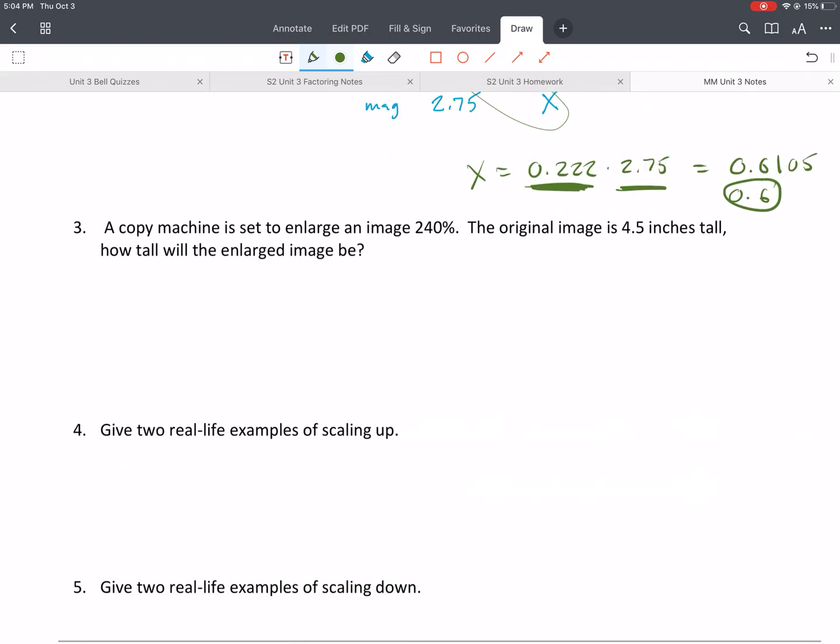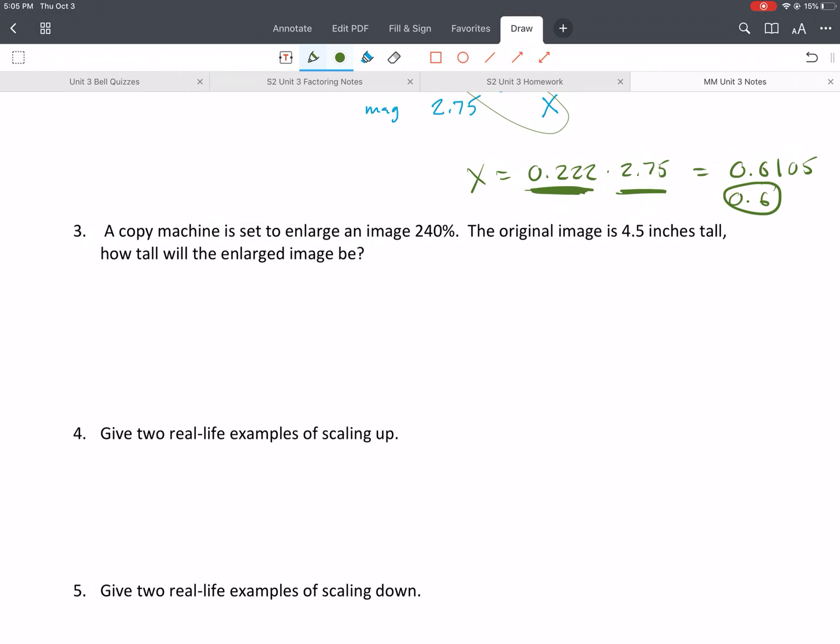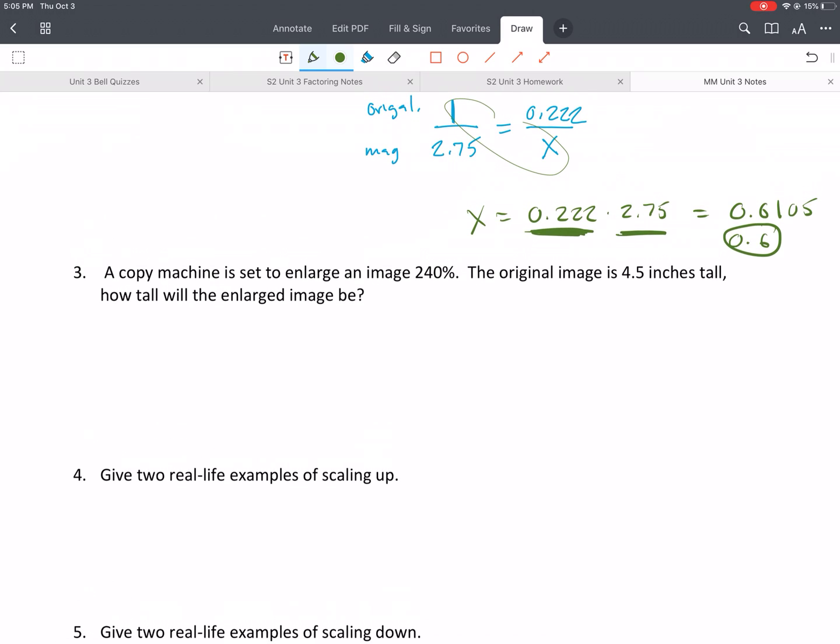Number 3. A copy machine is set to enlarge an image by 240%. The original image is 4.5 inches tall. How tall will the enlarged image be? Okay, so again, this is almost like percentages.